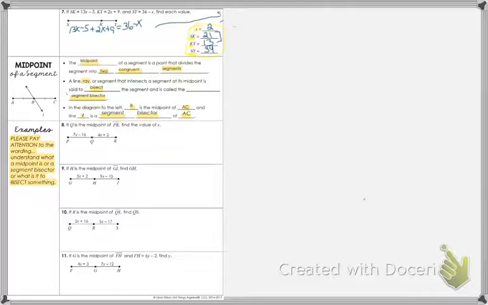If Q is the midpoint, so Q is the one in the middle of PR, so we already know that P and R are going to be at both ends of Q. Find the value of x. Alright, fair enough. So that means that this piece plus this piece is going to be the full piece, which is PR. So I'm going to write it over here.